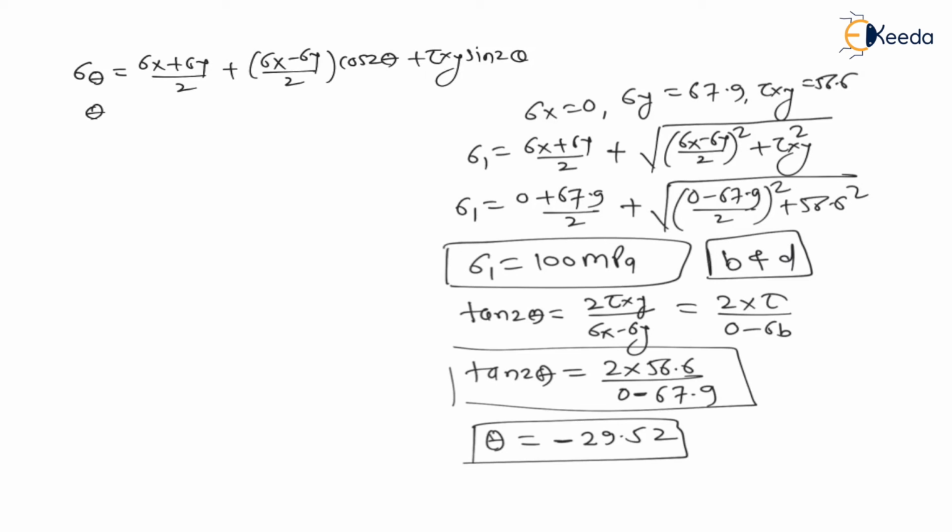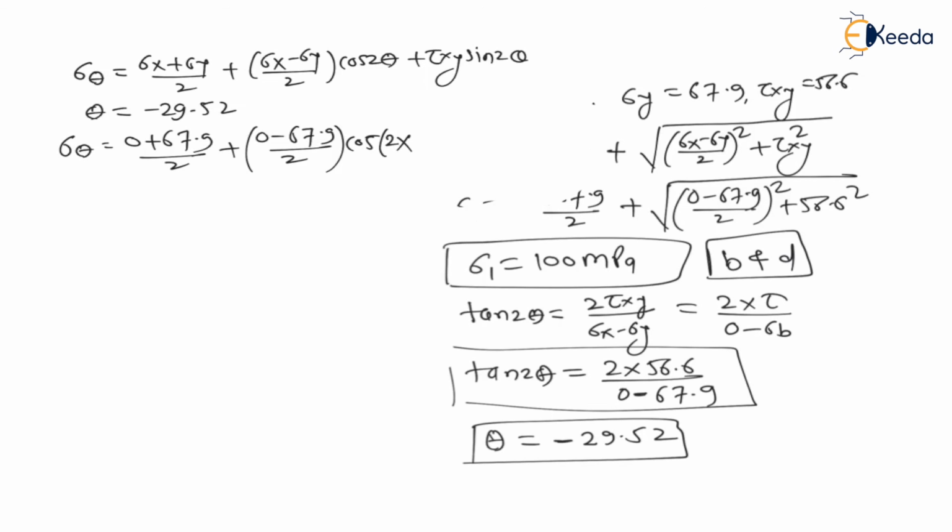Now, if I put theta is equal to minus 29.52, then check. Therefore, sigma theta becomes (0 plus 67.9) divided by 2 plus (0 minus 67.9) divided by 2 cos 2 into minus 29.52 plus tau xy, which is 56.6, sin 2 into minus 29.52.